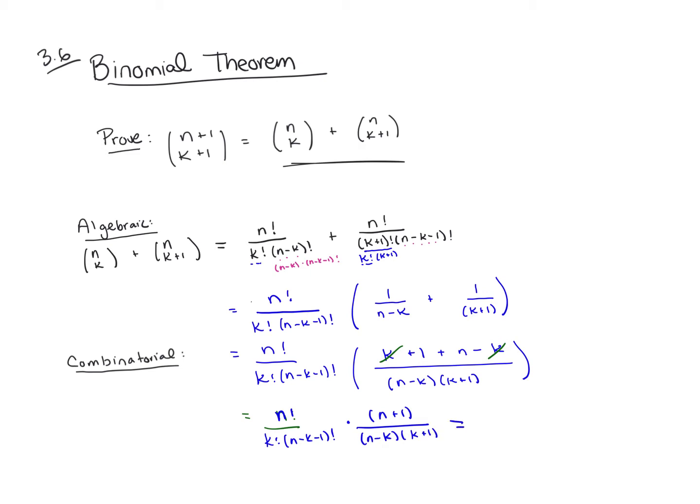So if I put those together, n factorial times n plus 1 is n plus 1 factorial over k factorial times k plus 1, which is a k plus 1 factorial, and then n minus k minus 1 factorial times an n minus k gives you that n minus k factorial.